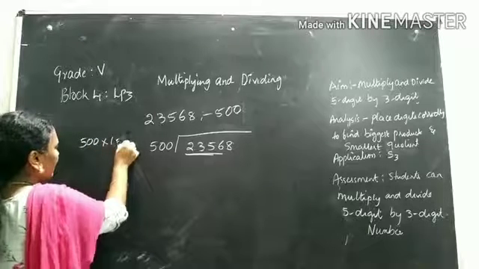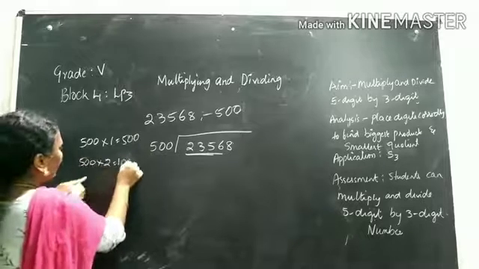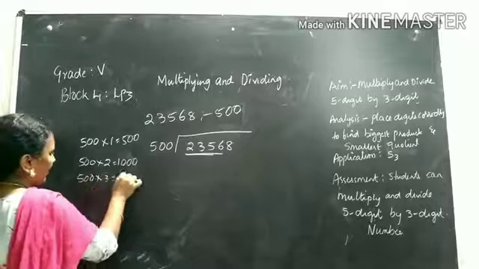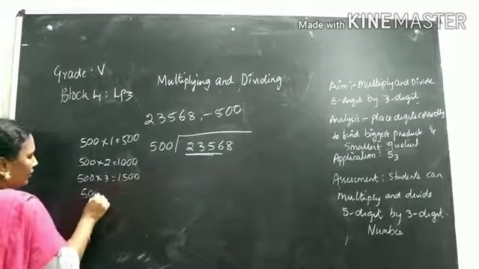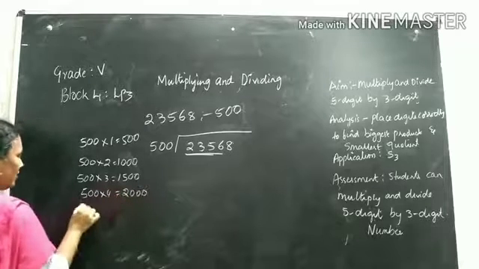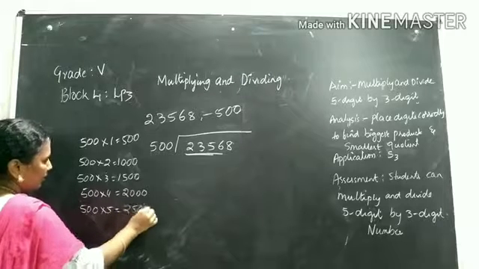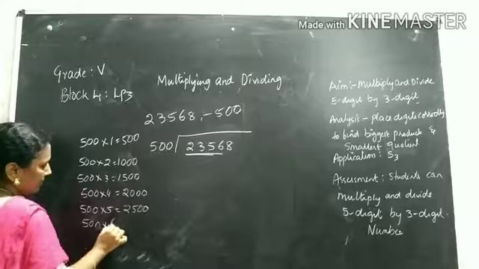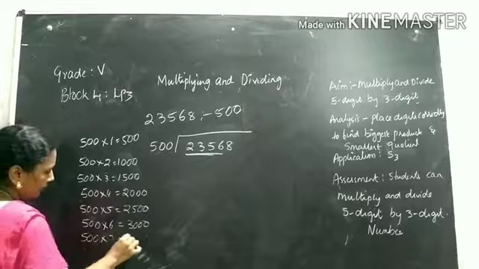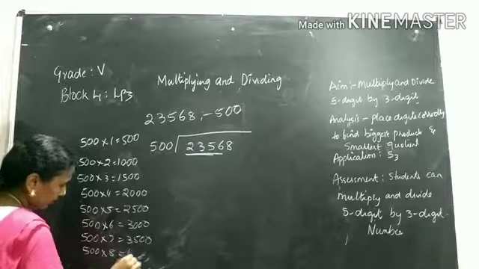Yes, 501s are 500, 502s are 5 2s are 10 and the remaining 2 zeros. 500 into 3. 5 3s are 50 and the remaining 2 zeros. 500 into 4, 5 4s are 20 and the remaining 2 zeros. 500 into 5, 5 5s are 25 and the 2. 500 into 6, 3000. 500 into 7, 3500. 500 into 8, 4000.